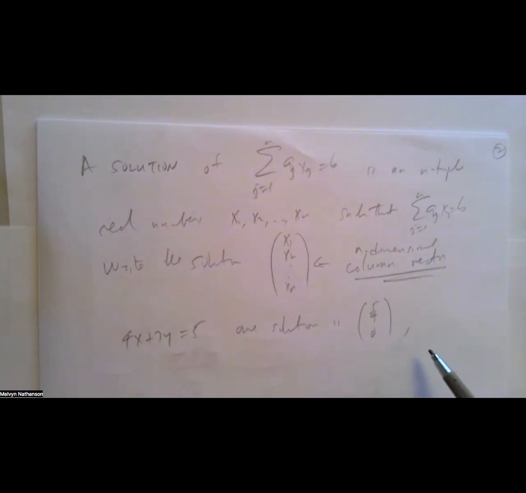Another solution is x equals 3, y equals -1. So we write the solutions of this equation in the form of column vectors. And you should get in the habit of doing this as soon as possible.